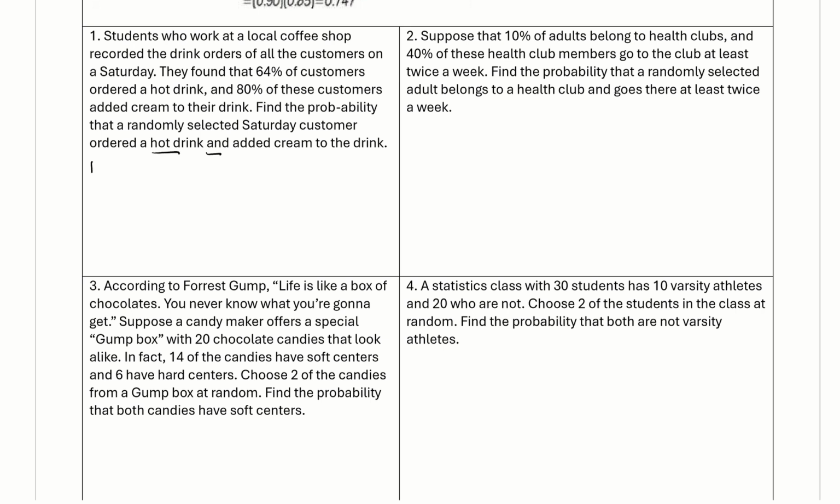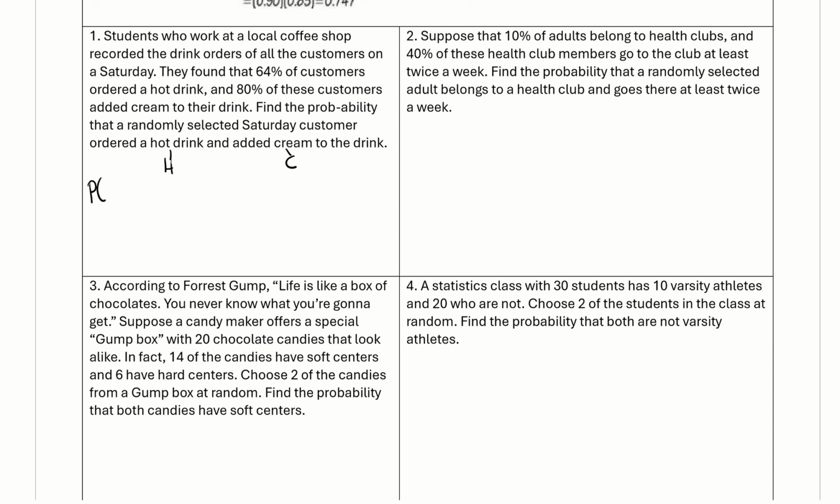So I'm going to put the probability of we got the hot drink and cream. Actually, let me just use the symbol here. So we'll say H is for they added a hot drink, and then C is for cream.